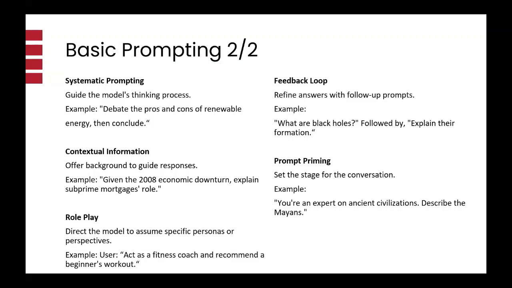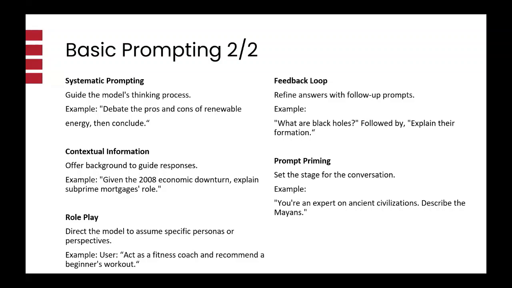Act as a teacher or act as a doctor or act as an expert, you should give me the answer. Here, act as a fitness coach and recommend a beginner's workout. The fitness coach is an expert in that area. So AI would act as a fitness coach and give us more specific answers. This one is taking a role. It's an optional thing, but if you give that, you would get more specific or more relevant answers.